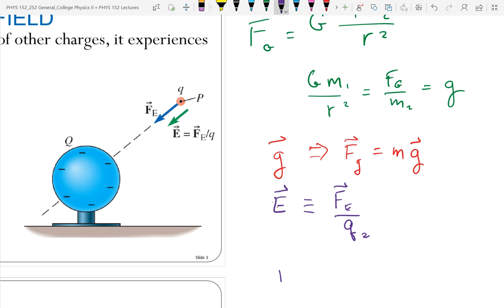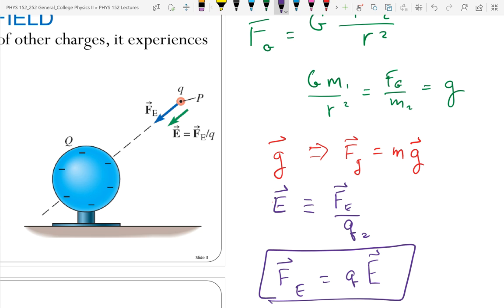And so we can use that at any point to find the electric force is whatever the charge is times the electric field. So the whole point of electric fields is to be able to do this, to be able to calculate the force on any charge based on the force field, the electric field.